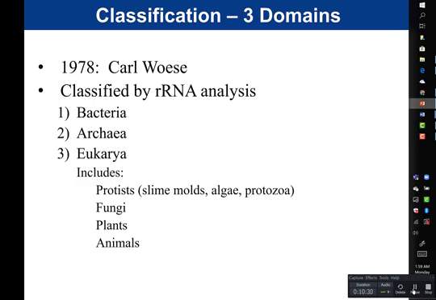So we have, remember, classification, meaning the way that organisms are grouped. And so our current system was proposed in 1978 by Carl. And the way that he classified organisms was different than the way this had been done historically. What I mean by that is that the way that organisms used to be classified would be simply by looking at the organisms.